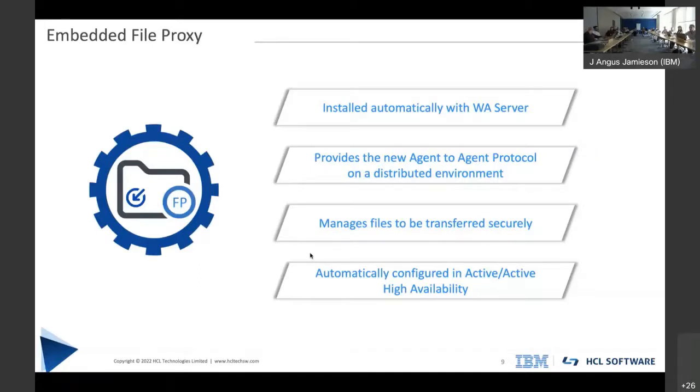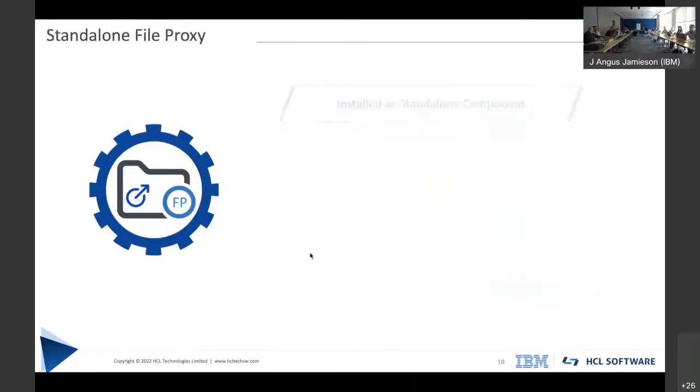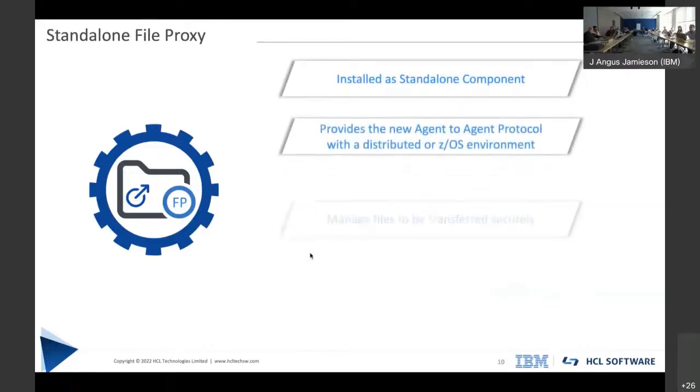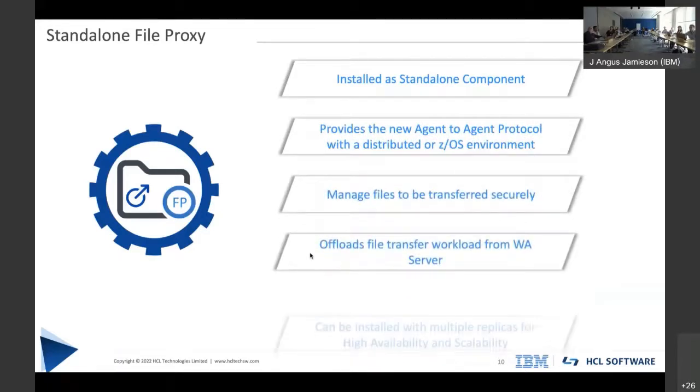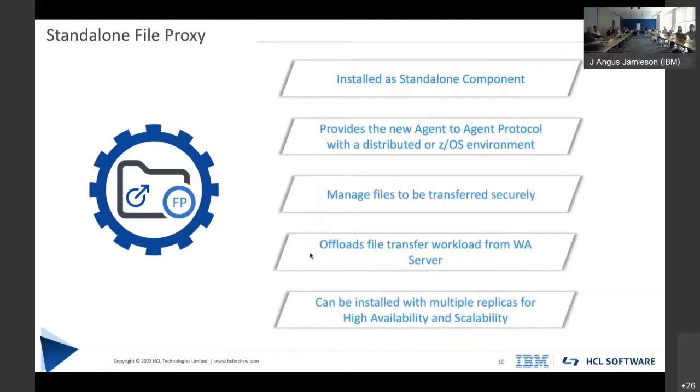It's also very easy to configure for availability because it's active: you just configure multiple instances, for both availability and scalability. So for Z, as we were saying, it needs to be installed as standalone. The rest is the same.